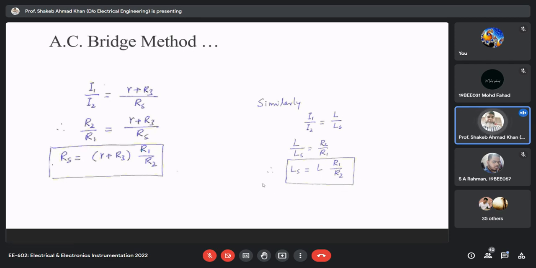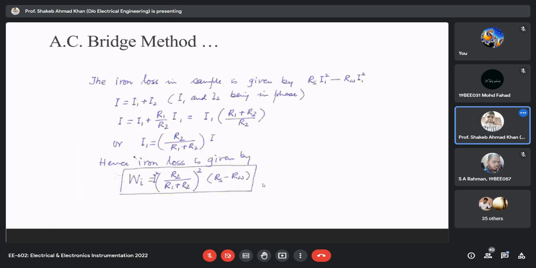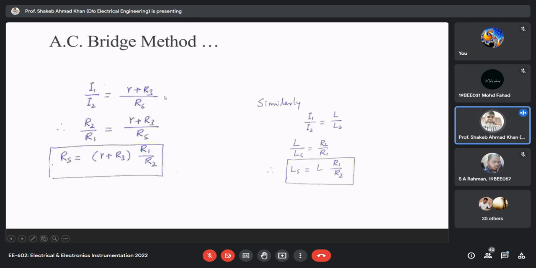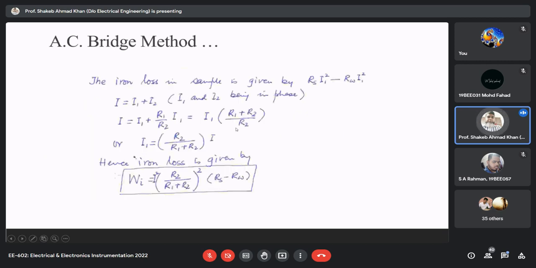But this is not our objective here. Here our objective is to find out the core loss occurring in a sample at a particular frequency. Whatever we can do conventionally with the bridge, we have done. So now we are aware of the sample resistance and the sample inductance.